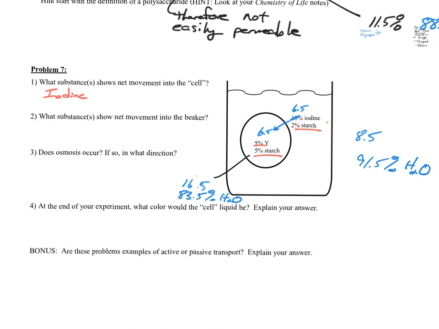So which direction is water going to move? Into the cell. Well, how do I know it goes into the cell? Those three rules tell me that this is hypotonic. How do I know it's hypotonic? So less solute, more water, right? I know water is bigger concentration outside than inside.